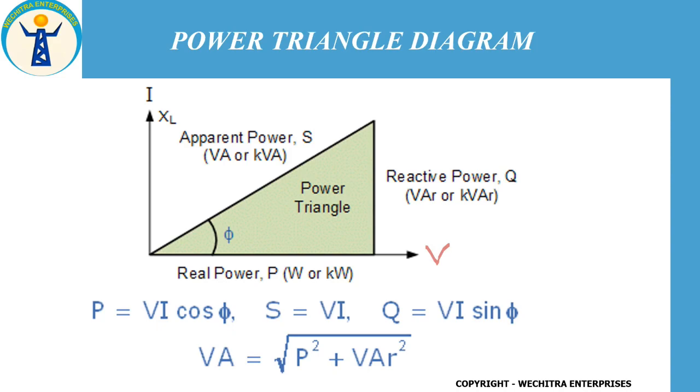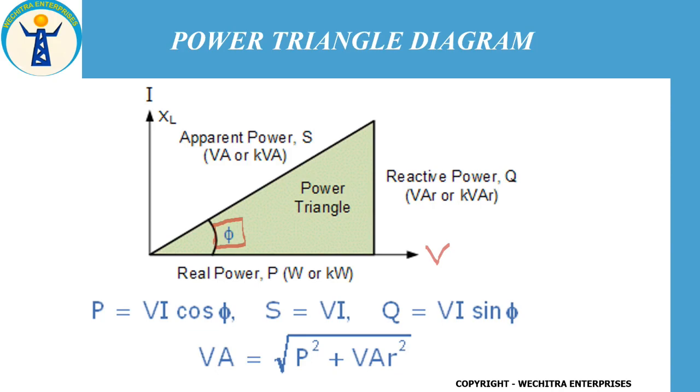In a factory, a commercial building or any property, loads can be resistive, capacitive, inductive, or a mix of every type. In that case, we have a phase difference of phi between current and voltage. Here you can see this is phi.